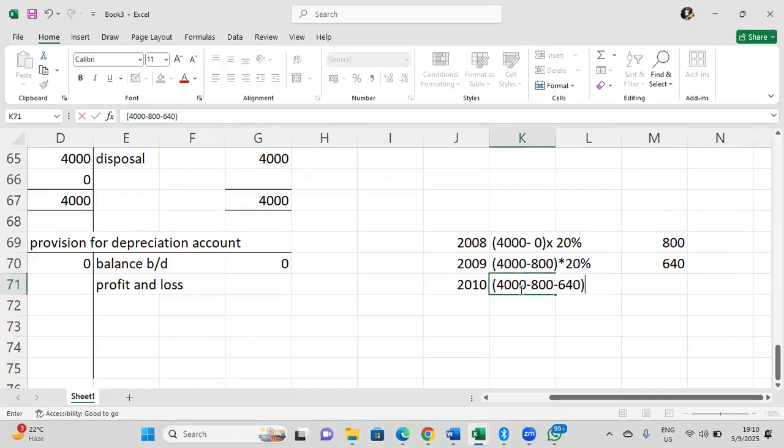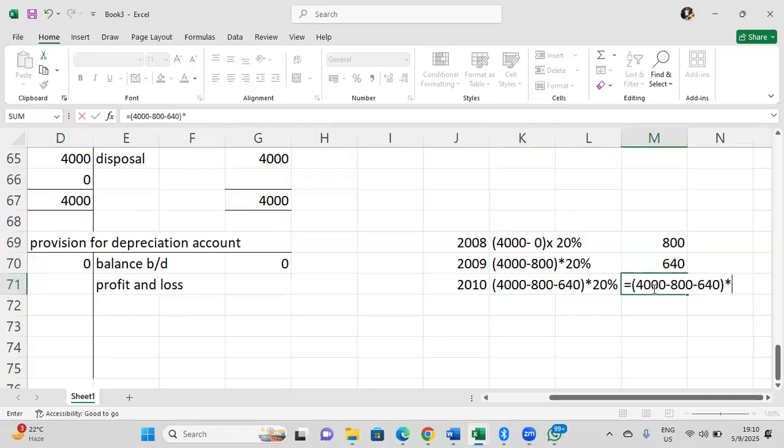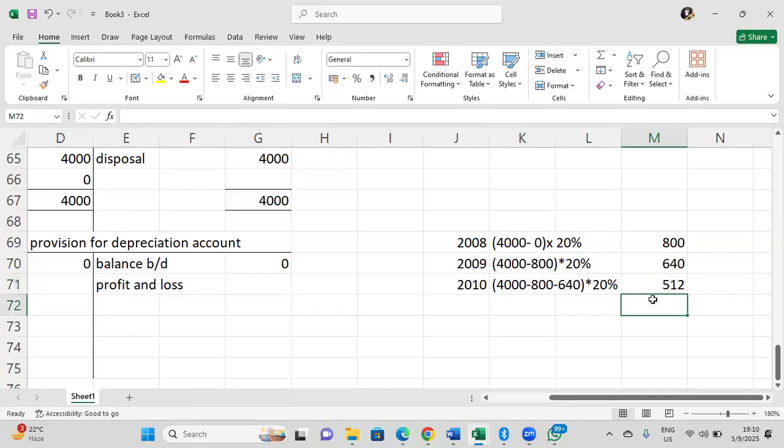So you remove the total of the previous years' depreciation. Then we multiply that by 20%. So these are the depreciations for each year.